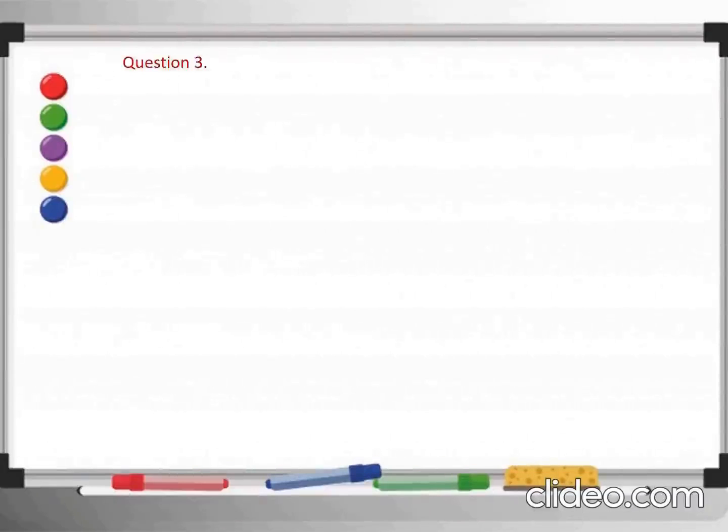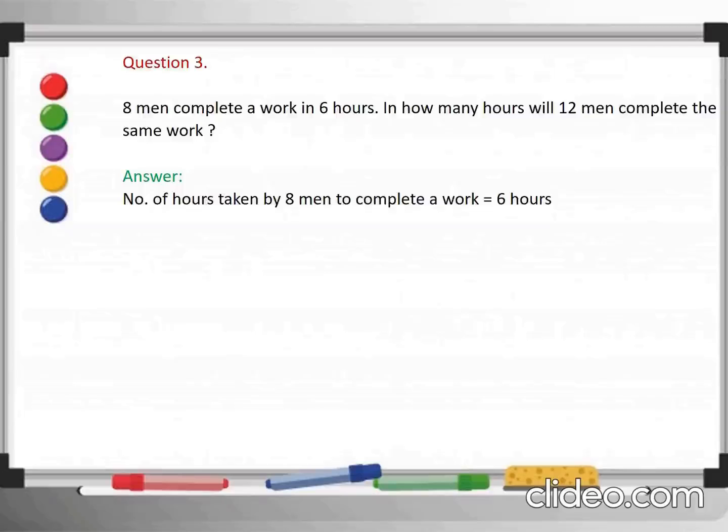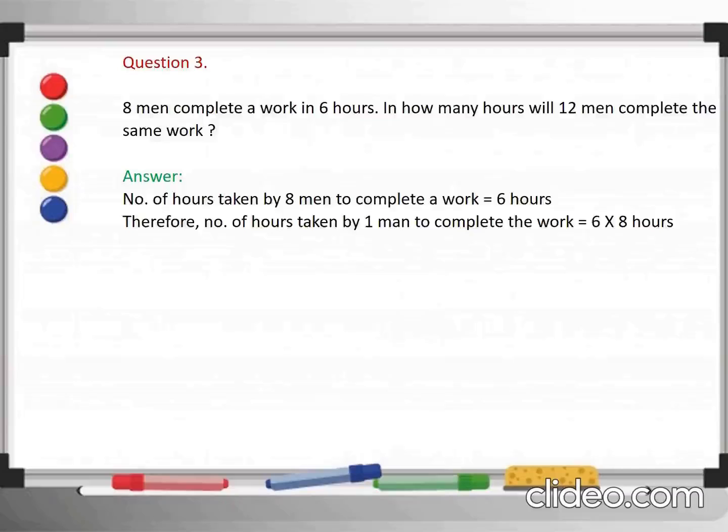Now next question, question number 3. 8 men complete a work in 6 hours. In how many hours will 12 men complete the same work? Here, the number of hours taken by 8 men to complete a work is 6 hours. Therefore, the number of hours taken by 1 man to complete the work is 6 into 8 hours.